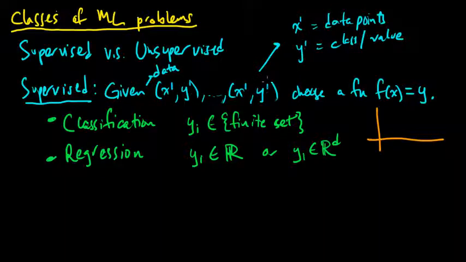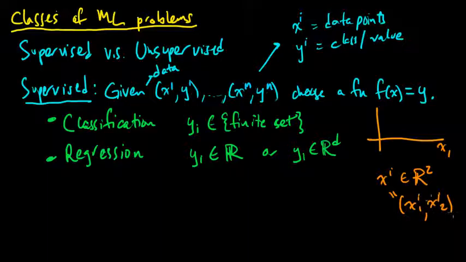So the data is (xi, yi) for i from 1 to n, and let's say that each xi data point is a point in two-dimensional real space, which I'll write as xi1, xi2.